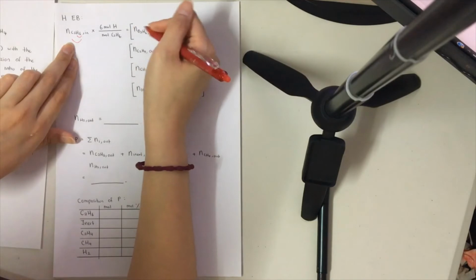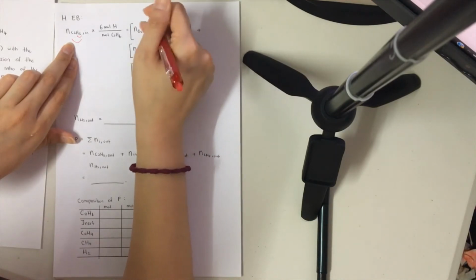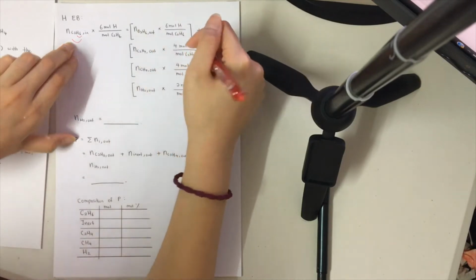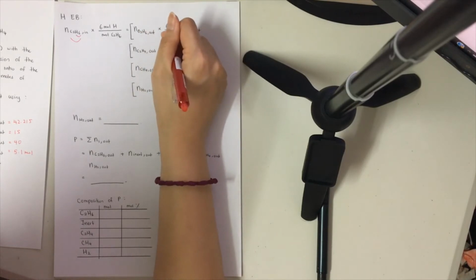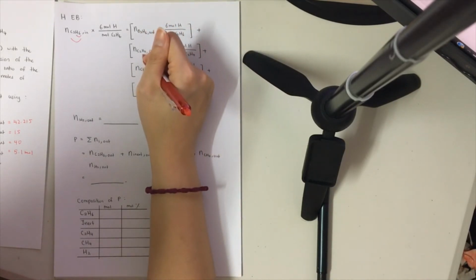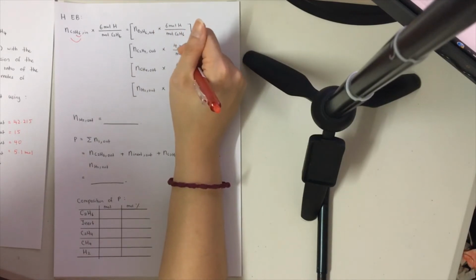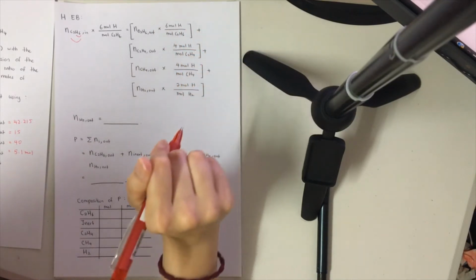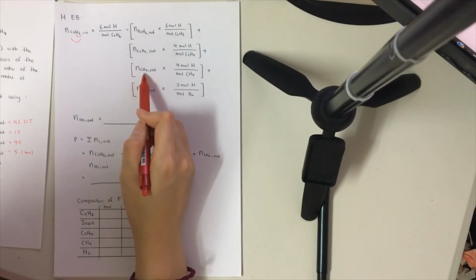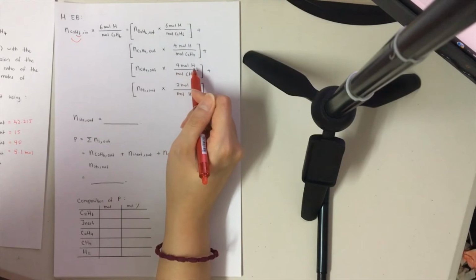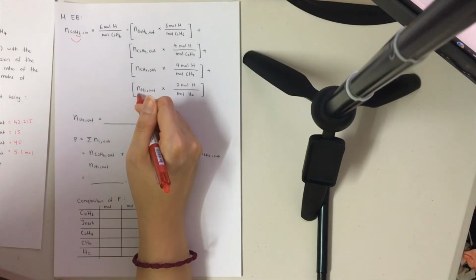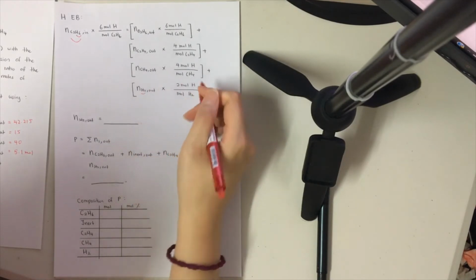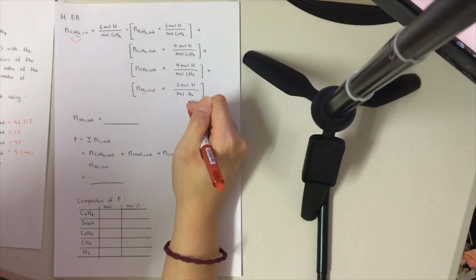And whatever comes out with H element inside, you sum it up. Number of moles of C2H6, you have 6 here. Number of moles of C2H4, you have 4 moles of H per mole of C2H4. The number of moles of CH4 coming out, you have 4 moles of H per mole of CH4. Finally, the number of moles of H2 coming out, and of course you have 2 moles of H per mole of H2.